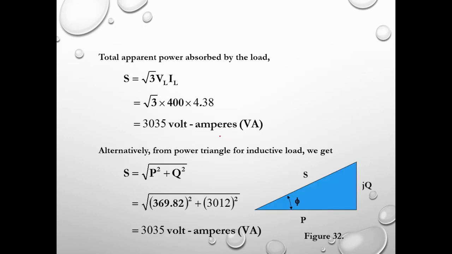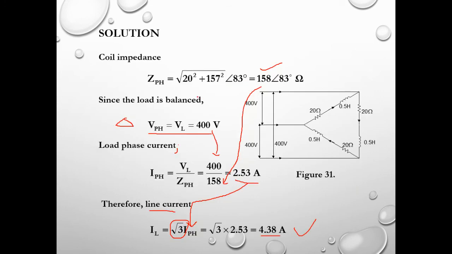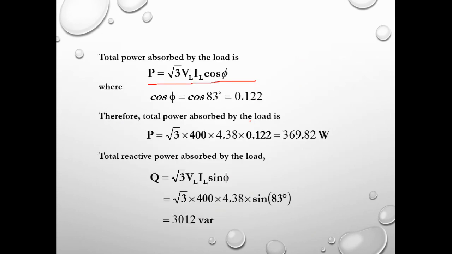Again, the 83 degree here is taken from the angle of Z. So cos 83 is 0.122. Therefore the total power absorbed by the load is square root 3 times 400 times the I_L we just calculated, times cos theta, 0.122. The total power absorbed by the load is 369.82 watt.